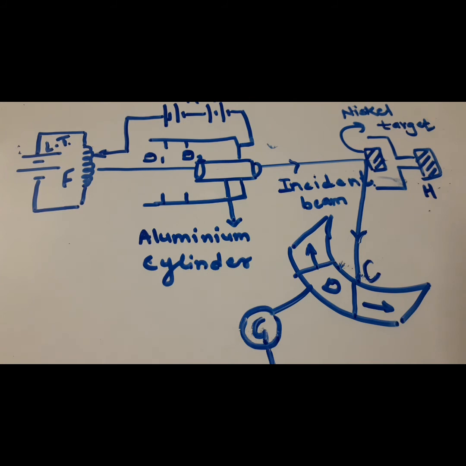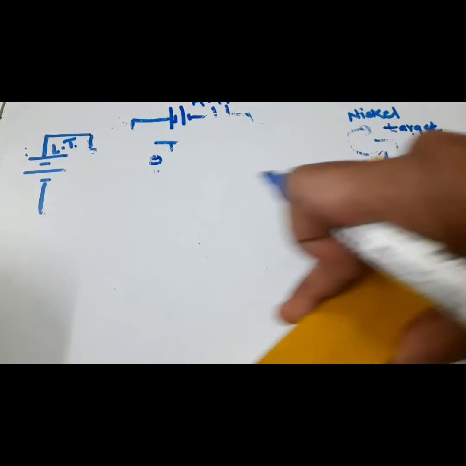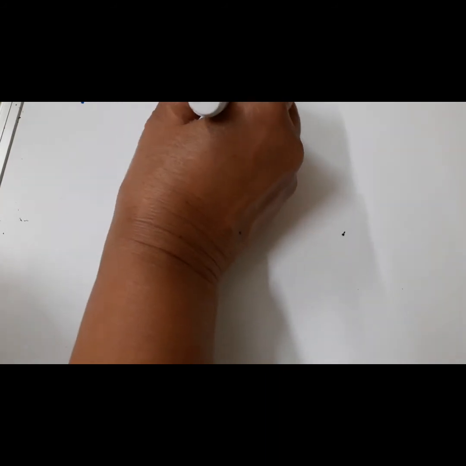First of all, we have to see the normal incidence. First method is normal incidence.